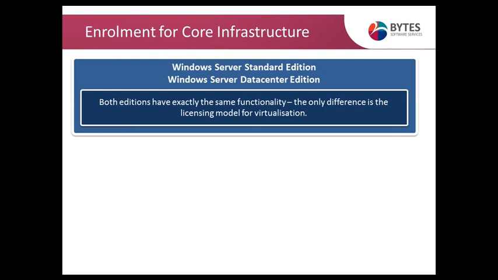The functionality between Windows Server Standard Edition and Windows Server Data Center is exactly the same. There's no difference in functionality between those products. So it makes it really, really easy when deciding which edition you want. The only difference with these is the licensing model for virtualization. Standard Edition, up to 2 virtual operating systems per license. Data Center Edition, unlimited number of operating system environments.